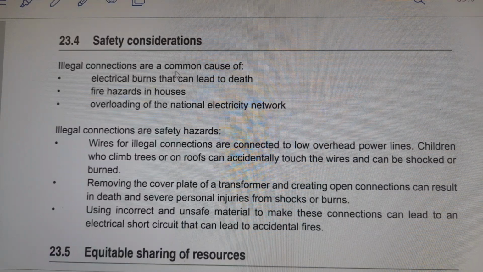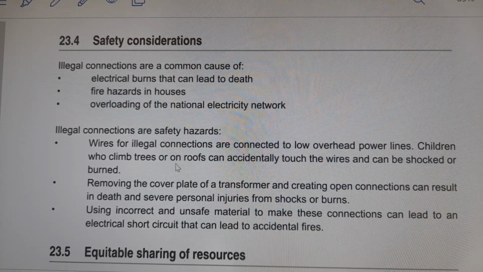So what are the safety considerations to look at when working with electricity? Illegal connections are a common cause of electrical burns that can lead to death, fire hazards in houses, and overloading of the national electricity network. Illegal connections are a safety hazard. Wires for illegal connections are connected to low overhead power lines.